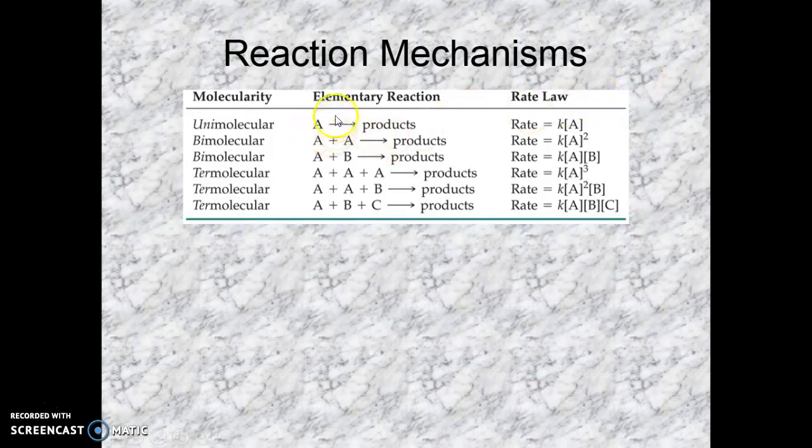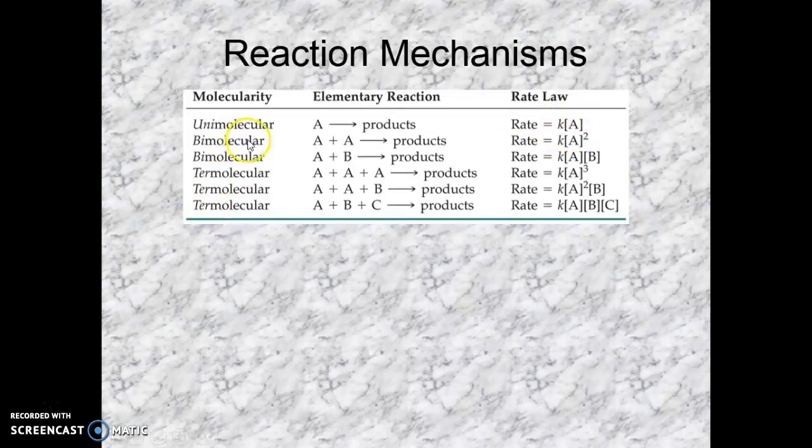You can have one molecule starting off, so this would be like a decomposition reaction, known as a unimolecular molecularity. Say that word fast. Molecularity. So molecularity is just telling you how many reactants you have to work with. So in this case, we've got one reactant, so the rate is obviously dependent upon how much of that you have.